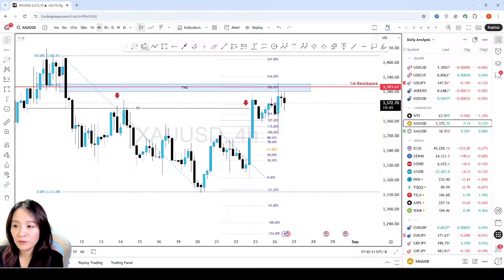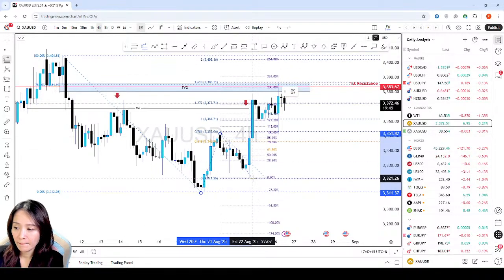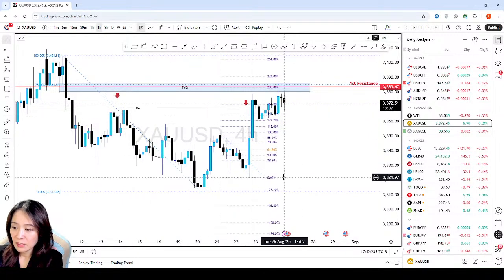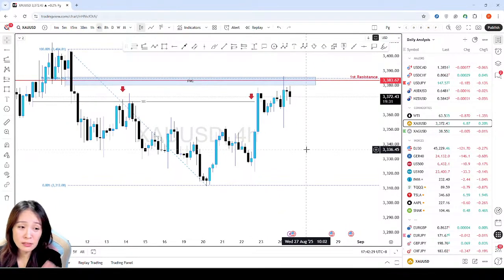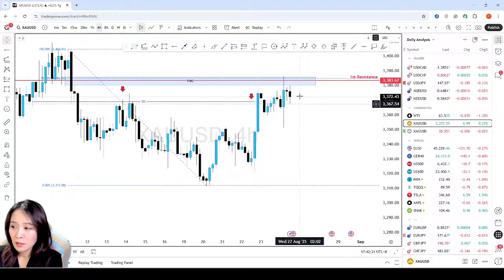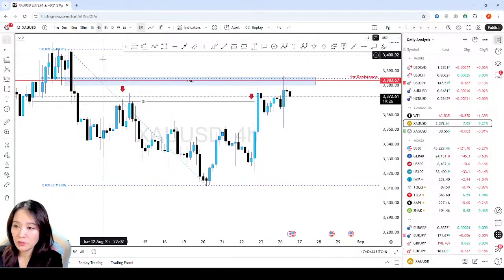And what do you have? We also have the zone. You can use the projection within the zone, which is 161 price. So this is going to be the zone you're going to sell. And if you guys trade harmonic patterns, remember we studied them, I just combined them. That's why you sell here.